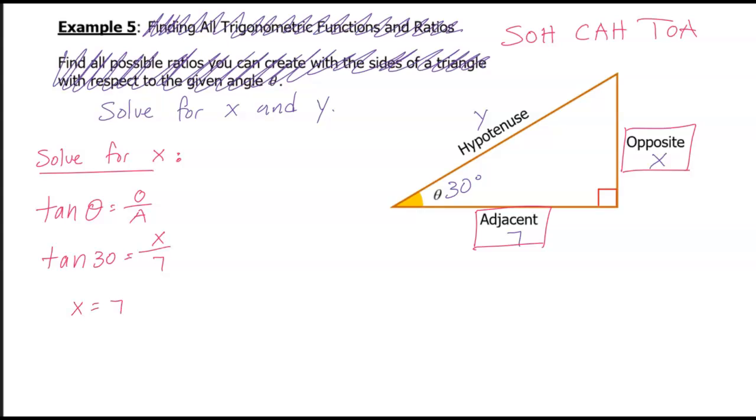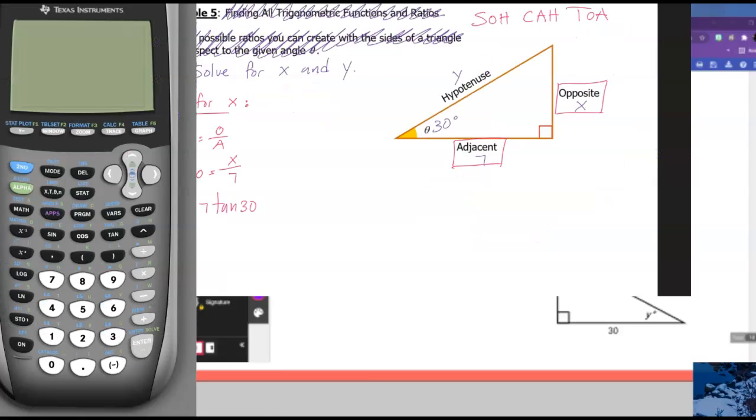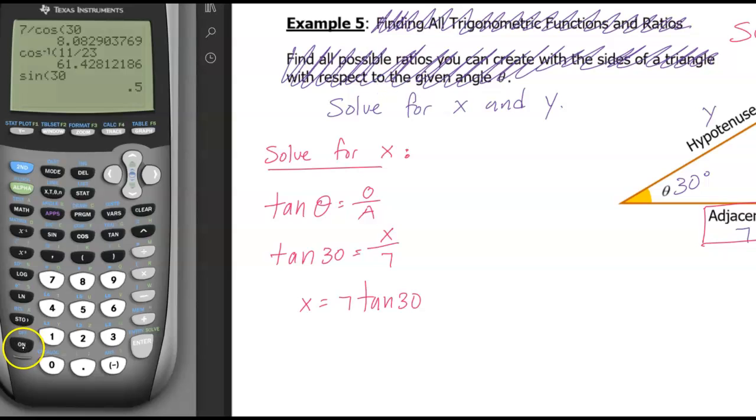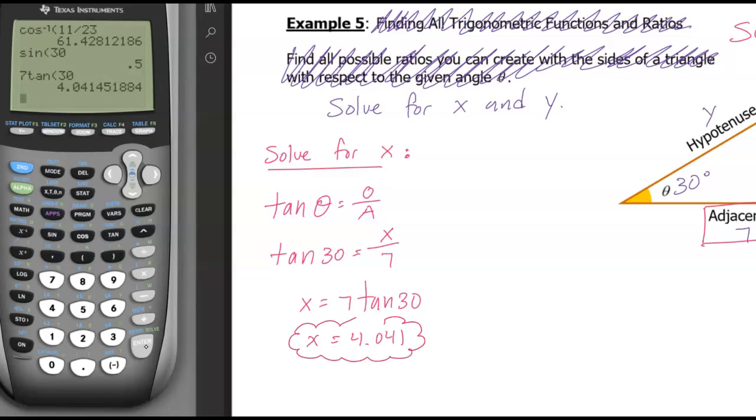So x equals 7 times tangent of 30. Now is when we finally pull out our calculators. 7 tan 30. And we get 4.041. I'm in degree.